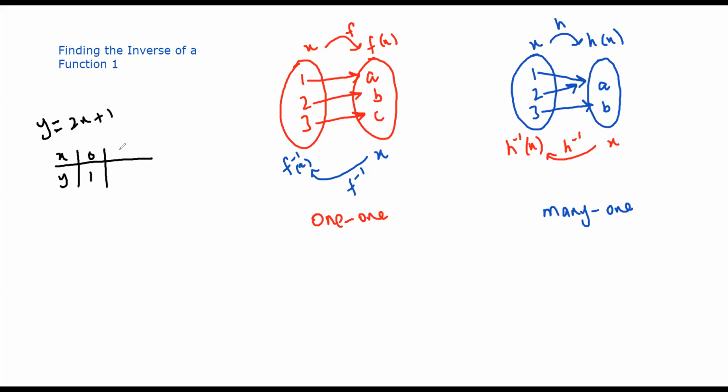You substitute x as 1, you get 3. You substitute x as 2, you get 5. Now, if you change the subject of the formula over here, this would become 2x plus 1 equal to y. This is going to be 2x equal to y minus 1, and x is going to be y minus 1 over 2.